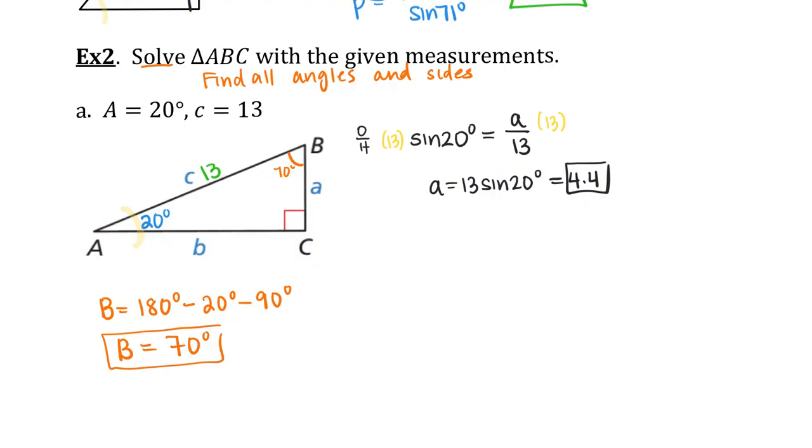So if I do Pythagorean theorem, it's going to be a squared plus b squared equals 13 squared. And we're going to have to use our calculator. So 19.36 plus b squared equals 169. I'm going to minus the 19.36.